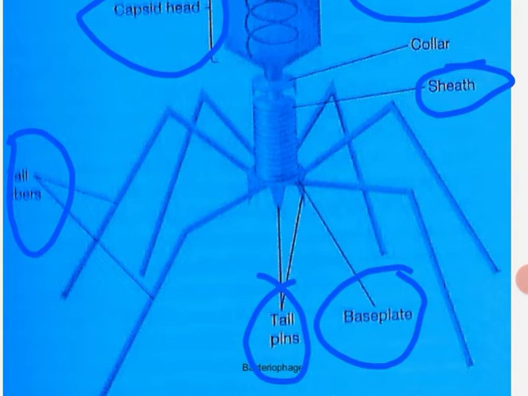In T3 and T7 phages the tail is short; in other phages the tail is reached with a contractile sheath, or tails may be flexible without a sheath.